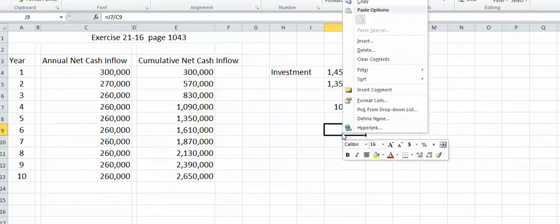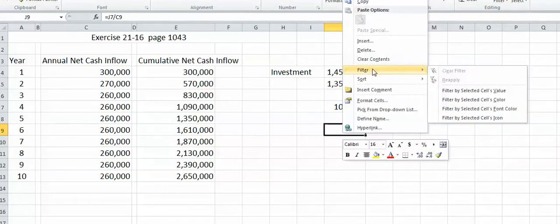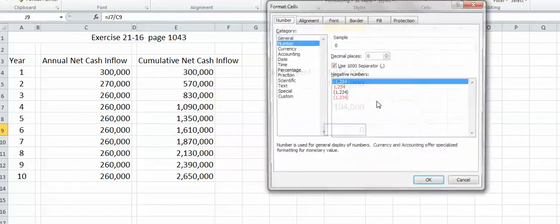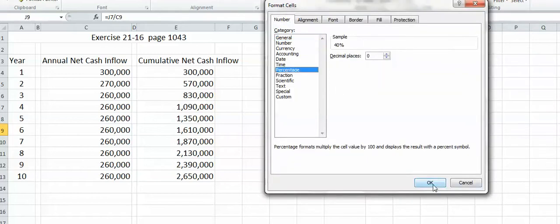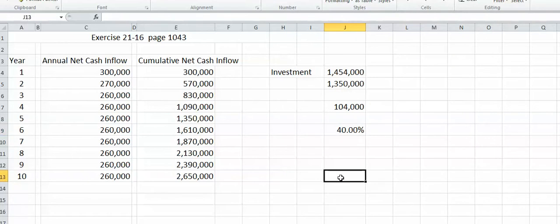I need to format this for percentage. And that might help. Or not, right? It's 40%. All right? It's 40%.